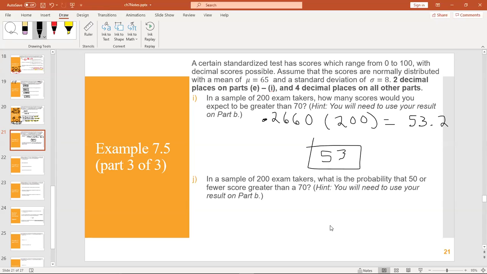Okay, so we want the probability that 50 or fewer. All right, so 50 out of 200. 50 out of 200 is 0.25.